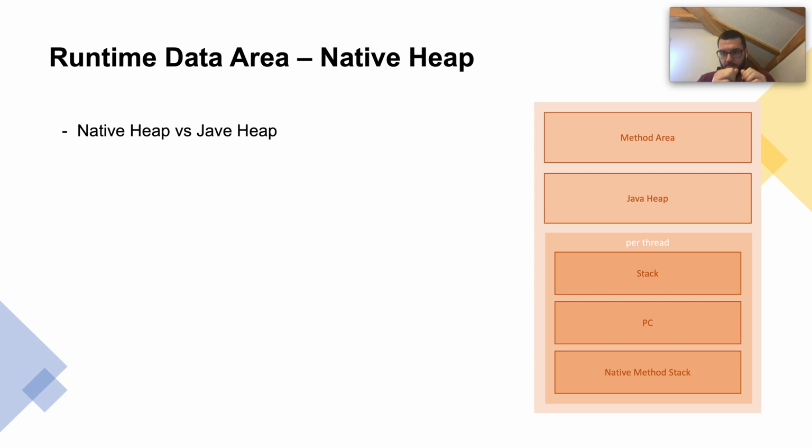So the native heap memory, also called C heap or off heap or system heap, and the other part is the Java heap, so the Java managed heap. The Java heap is what is meant when we say the heap, and all the heap JVM options we have are related to the Java heap.